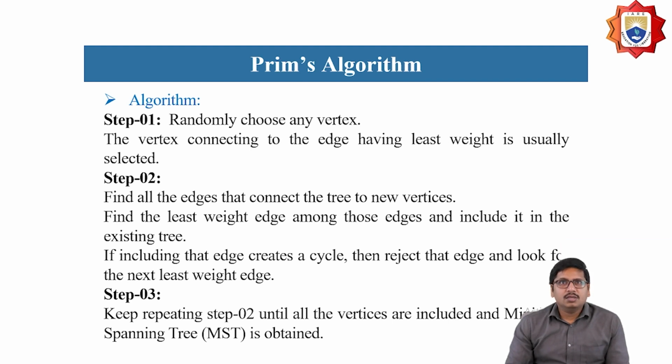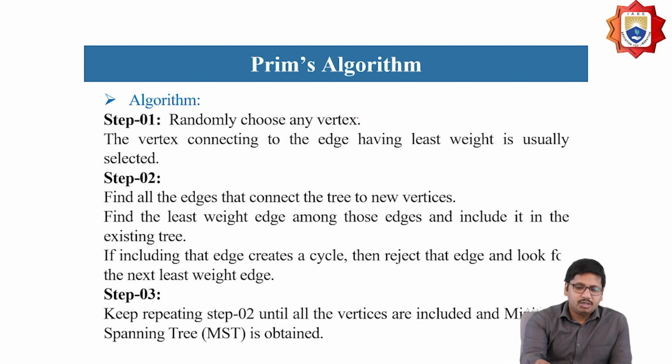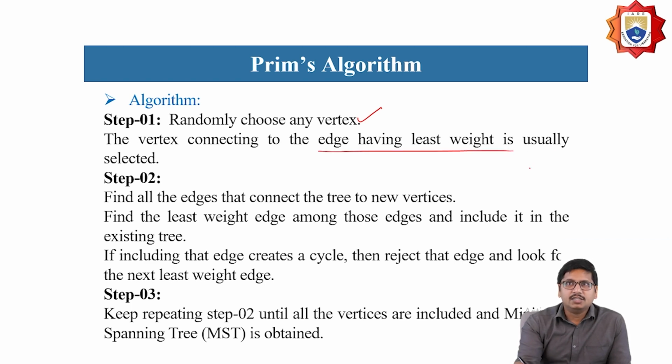So what is the algorithm for implementing Prim's algorithm? In Prim's algorithm, you randomly choose one vertex, and the edge connecting to it with the least weight is usually selected. Then, in the second step, find all edges that connect the tree to new vertices.